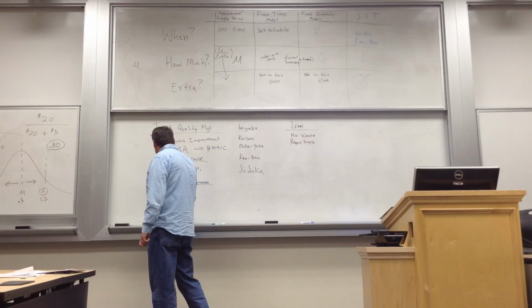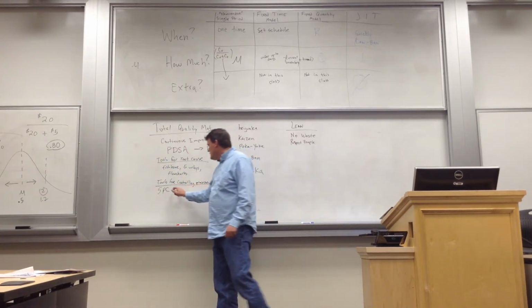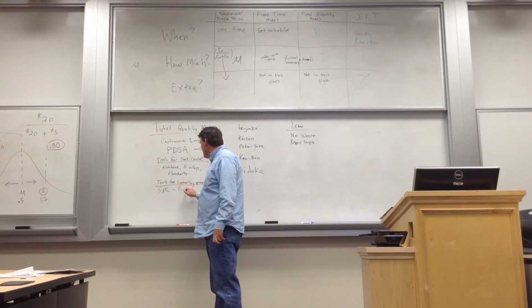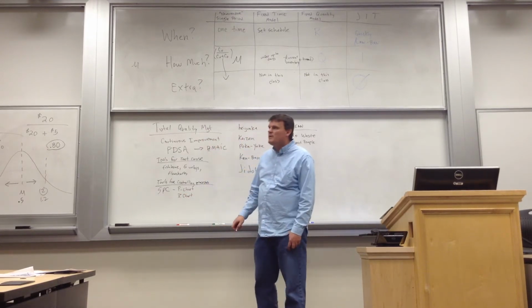SPC, there's two different types of SPC charts we talked about. P chart, we use a P chart for what? Drug testing. Yeah, actually drug testing is a good example.